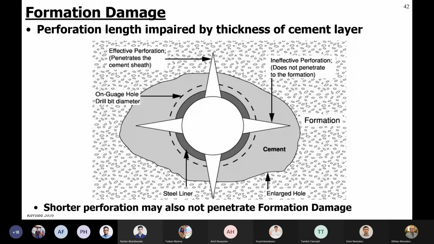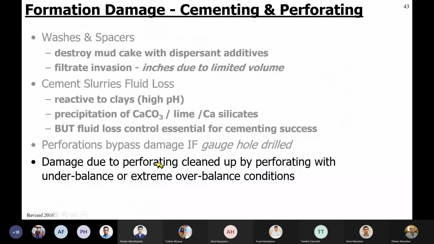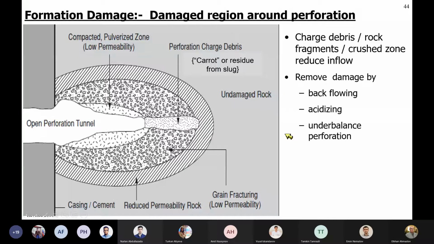Damage due to the perforations should be cleaned up by perforating with underbalance or extreme overbalance conditions, and it's also cleaned by producing back the completion fluids at high rates and high drawdowns to clean the perforating tunnels from the perforation debris from the crushed materials of the reservoir.